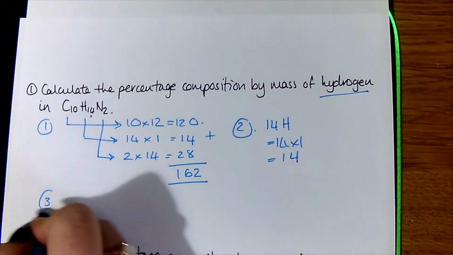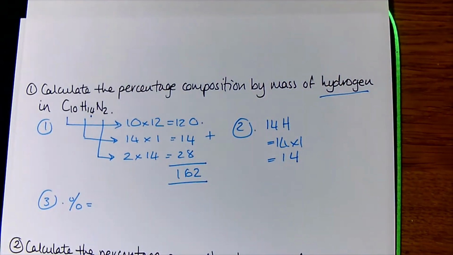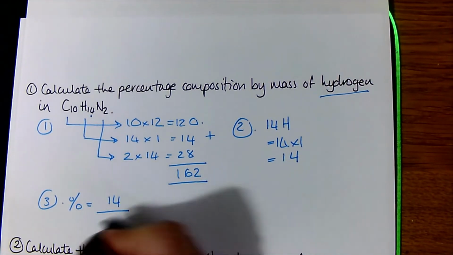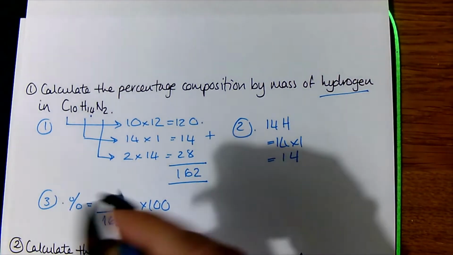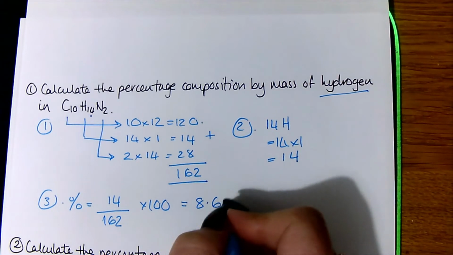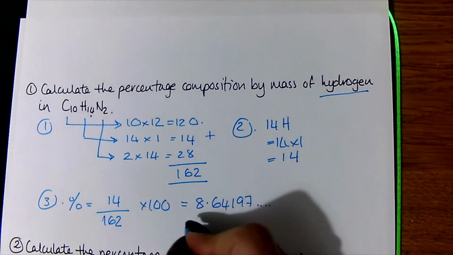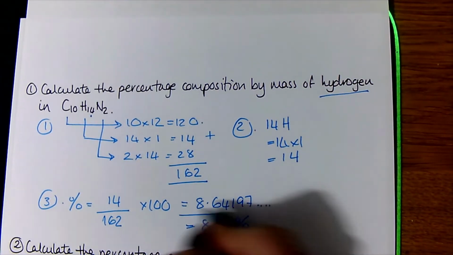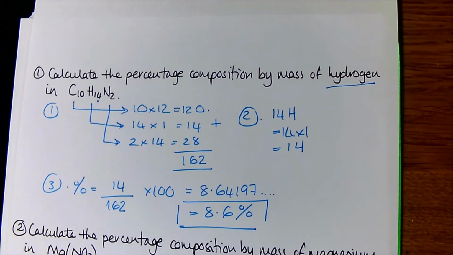And step 3, putting it all together, the percentage composition is 14 divided by 162 times by 100, and that gives us an answer of 8.64197, and so on. And of course you will need to round that, so we round it to 8.6%, and that is our final answer there.